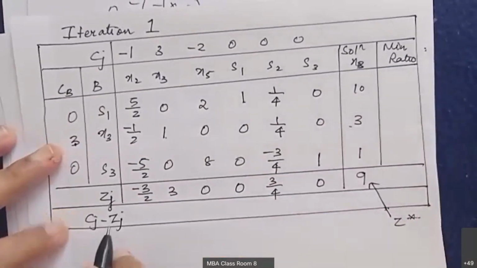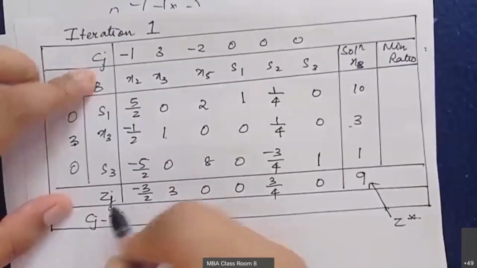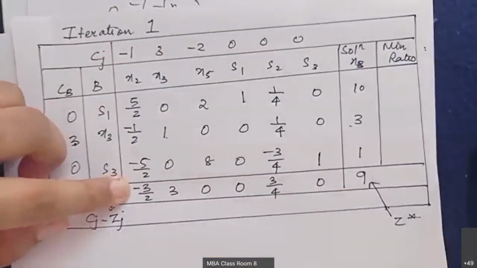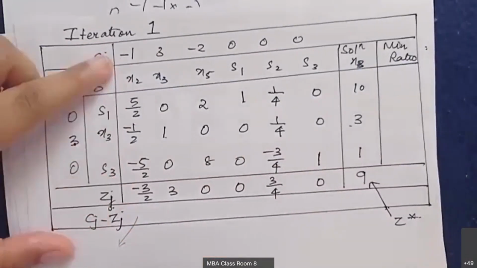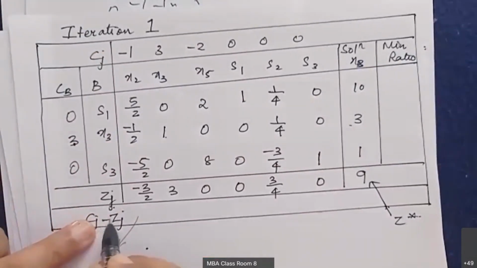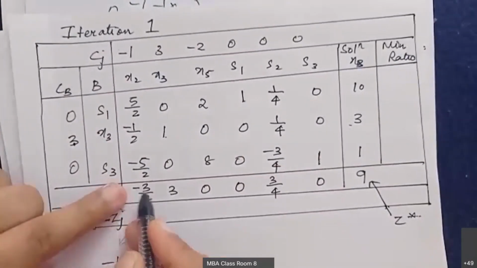Next one, Cj minus Zj. How do you calculate? This is our Cj, this is our Zj. Subtract it. Here I have minus 1 minus, Cj minus Zj, into Zj value is minus 3 by 2.